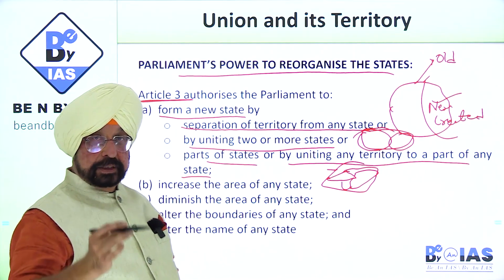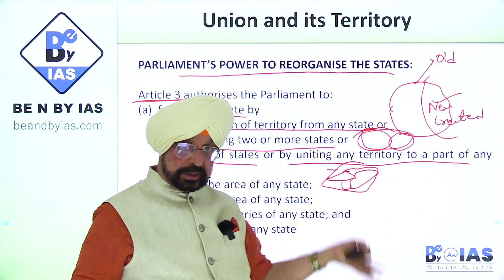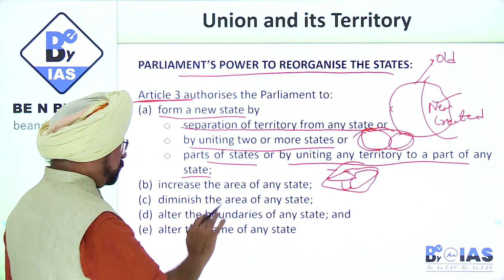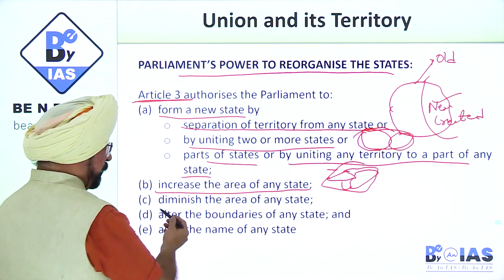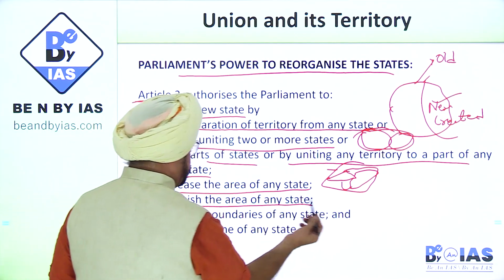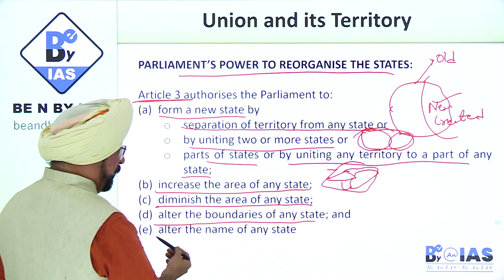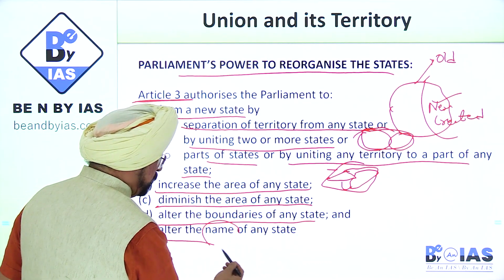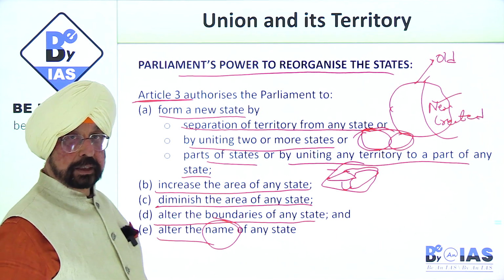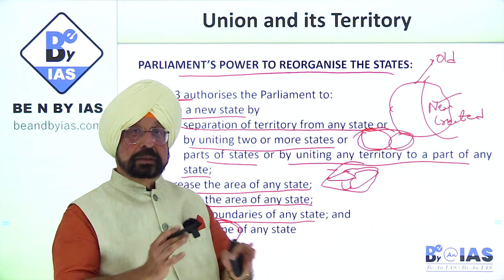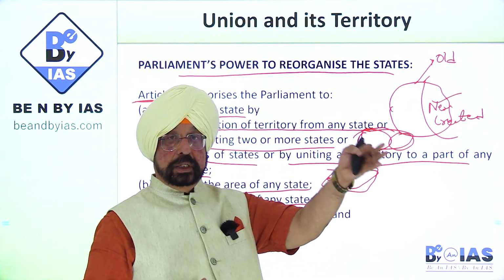By making a simple ordinary law, they can do all this. How that process works, we will study now. They can increase the area of any state, diminish the area of any state, alter the boundaries of any state, and alter the name of any state. We have seen this, like Uttar Pradesh was divided into Uttar Pradesh and Uttaranchal.